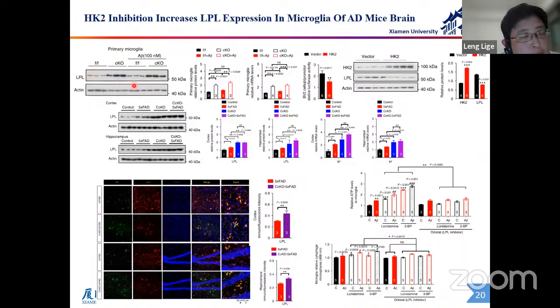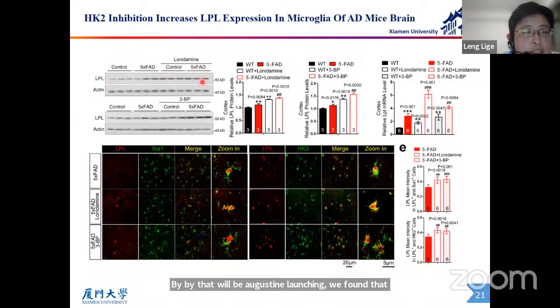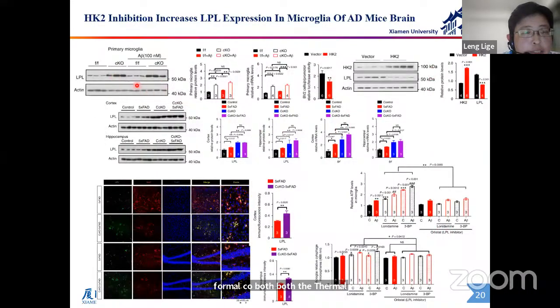By Western blotting, we found that both pharmacological inhibition and gene deletion of HK2 lead to an increase of protein and mRNA levels of LPL.